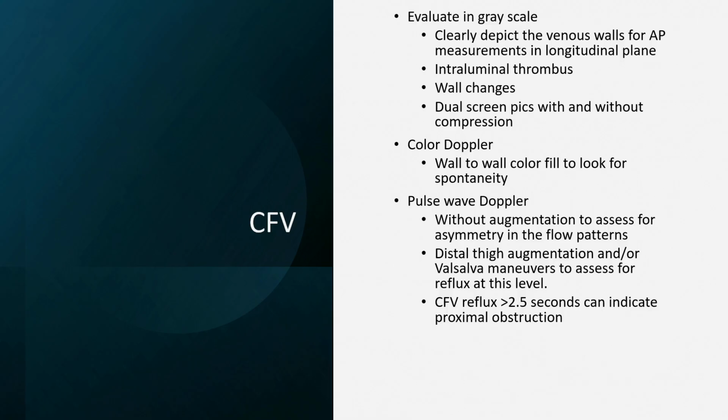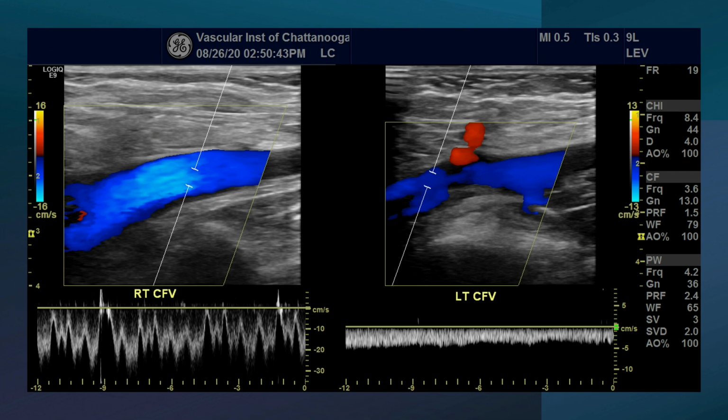Even if you can't get up into the common iliac vein, it can tell you, okay, maybe I wasn't able to image it, but this person has abnormal waveforms right to left. So then we would image the entire iliocaval tract using grayscale, color, and pulse.